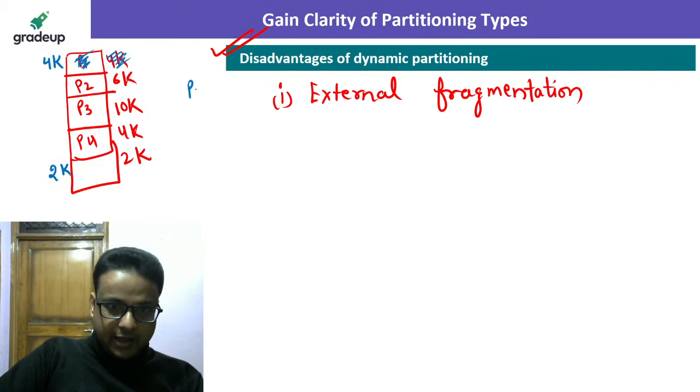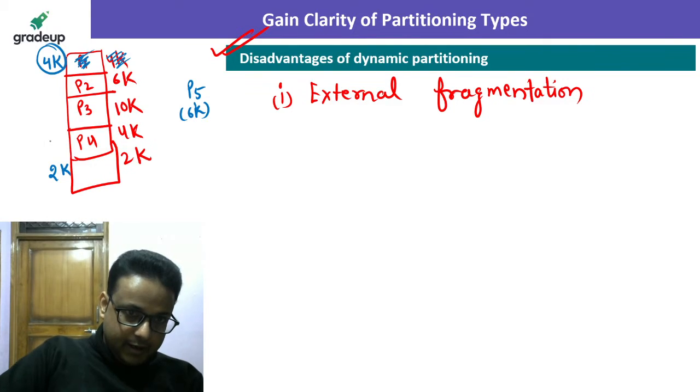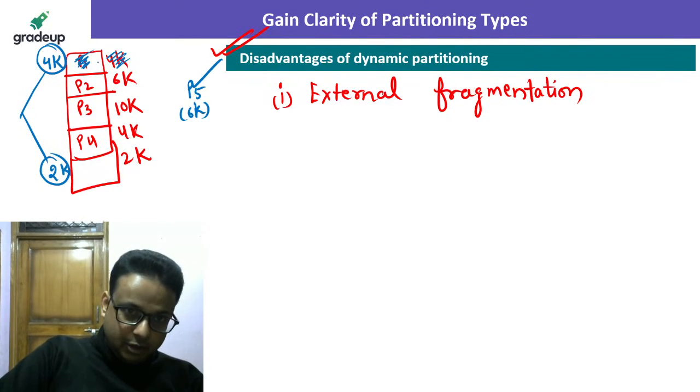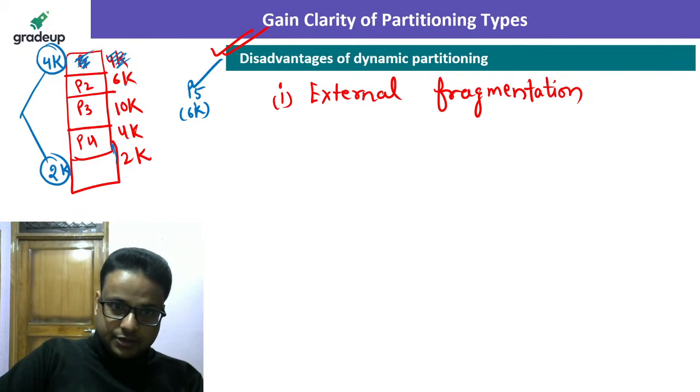Now let's say I have P5 and P5 needs 6k. So again 4k and 2k. If I combine these two, then I can allocate P5 right here. But what will happen because of this problem कि it is not continuous, continuation में नहीं है, then I cannot allocate P5.